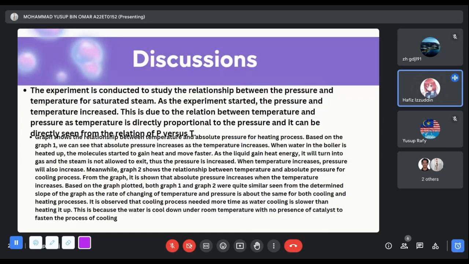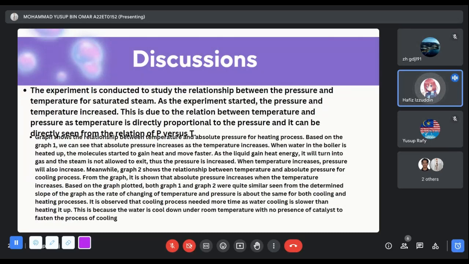Okay, for the discussion, the experiment is conducted to study the relationship between the pressure and temperature for saturated steam. As the experiment started, the pressure and the temperature increased.